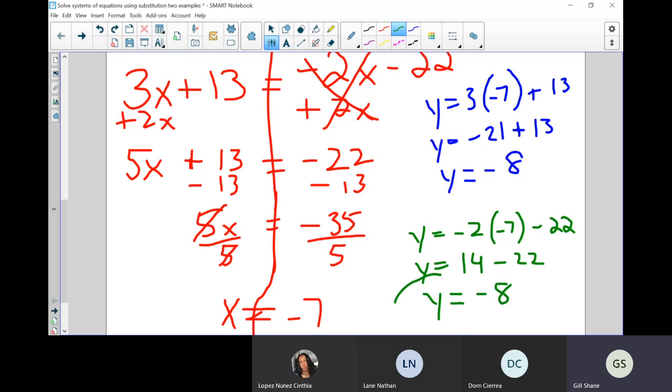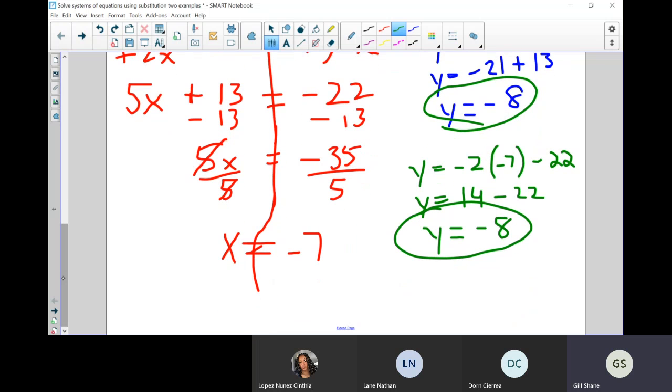So yes, I got the same thing that I got right up here. So I can feel pretty confident that I did that right. So my final answer, once again, is going to be in the form of the coordinate x is -7 and y is -8.